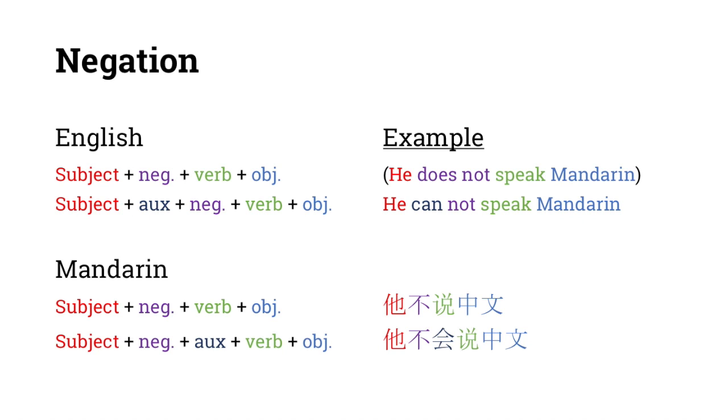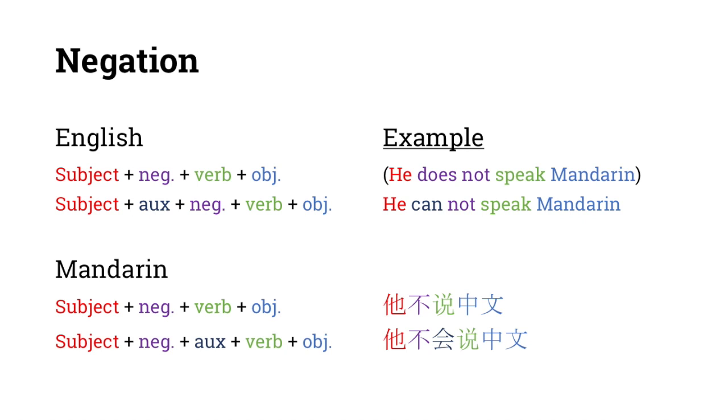So what if we also have an auxiliary verb and want to negate? Let's say we have 他会说中文, he can speak Mandarin, and we want to negate that. In English, we would say he cannot speak Mandarin. So we put the negating word after the auxiliary verb. In Mandarin, we instead put it before. So we literally say he not can speak Mandarin. 他不会说中文.